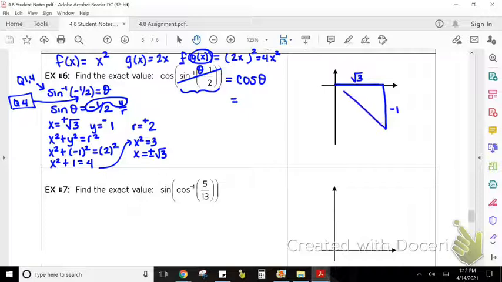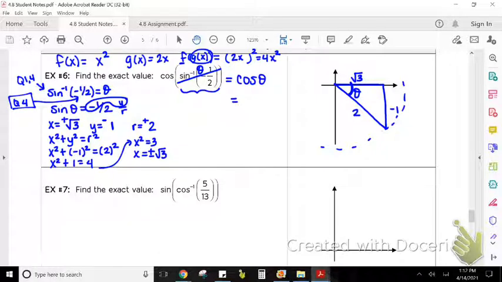And then, of course, your slant, your hypotenuse, the radius of your circle if we were drawing one going around here, is going to be your r, which in this case would have been a 2. And the angle at the center there, as a central angle, is always the one we're after.